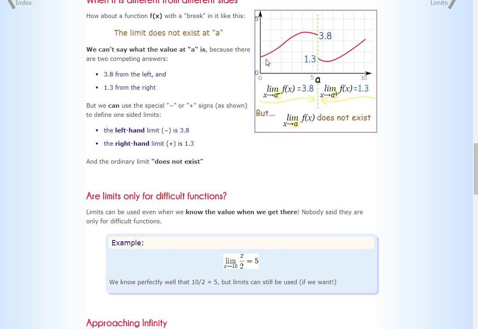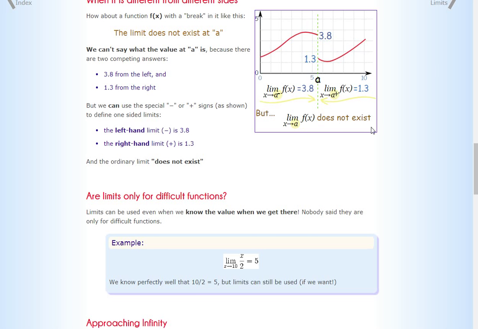If you look at this first part of the graph, coming from the left, you can see that it's approaching this number, 3.8. But on the right side, it's approaching what value? 1.3. Because they're approaching two different values, we would say that limit does not exist.